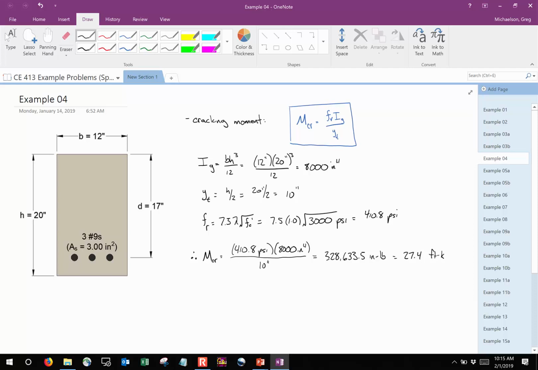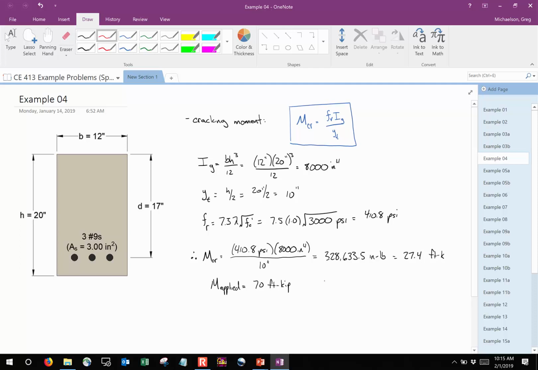Okay, now, how much moment are we actually putting on this section? 70. So what does that mean? Oh, it's cracked. It's well beyond cracked, right? Okay. So we'll say M applied is 70 foot kips.